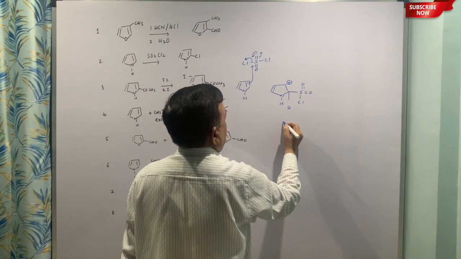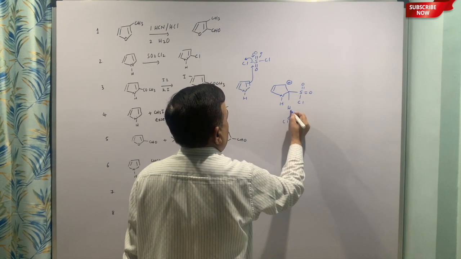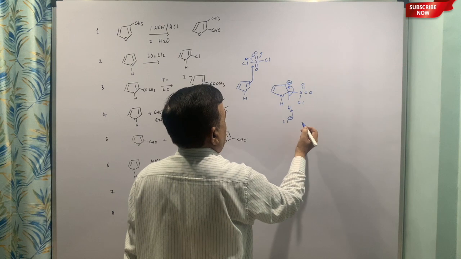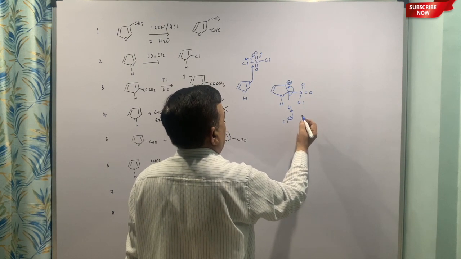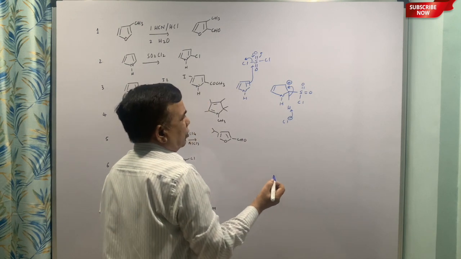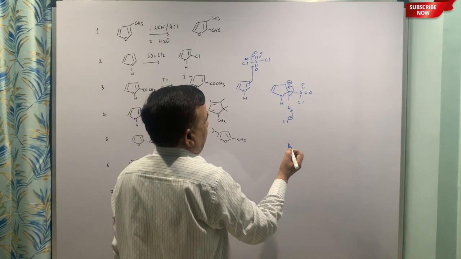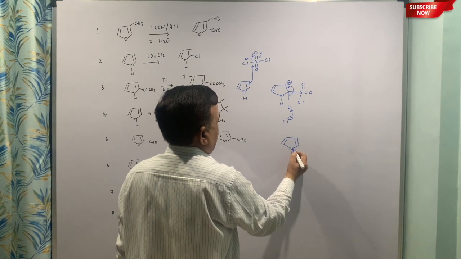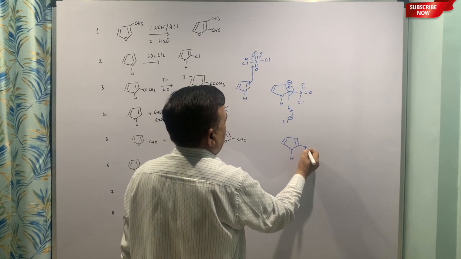Then the Cl minus can help in abstraction of this, and then you have to show the attack. Maybe we are just proposing the mechanism.